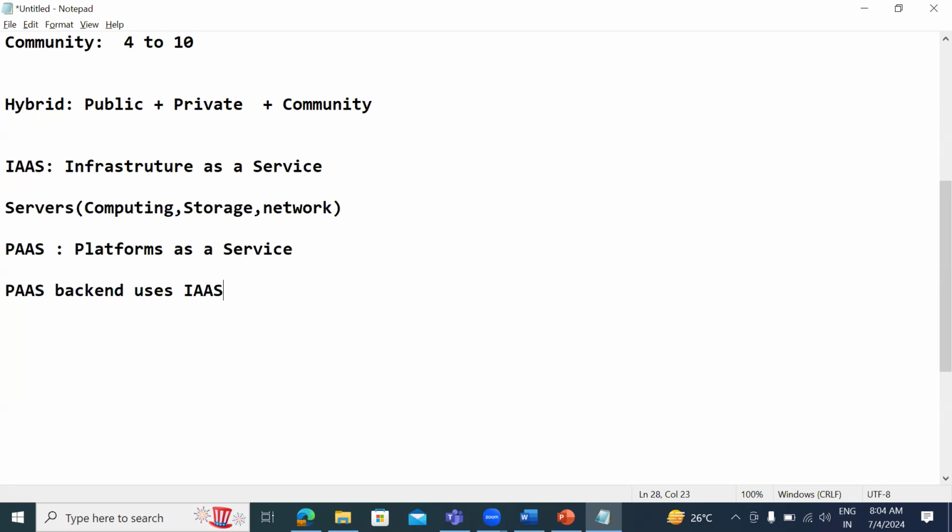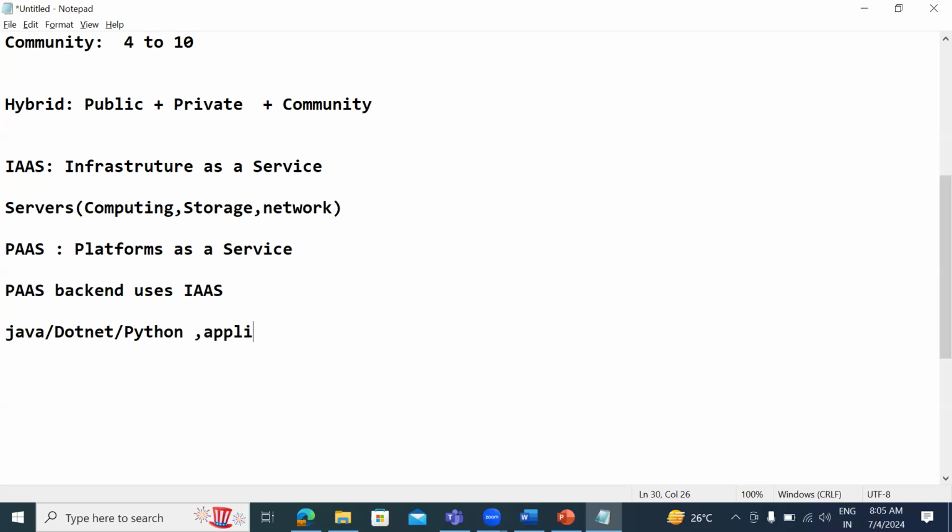But if I use PaaS, I need not worry about infrastructure as a service. That's the responsibility of the provider itself. Behind PaaS is IaaS. Then we get Java, .NET or Python environments. All these environments are available in PaaS.